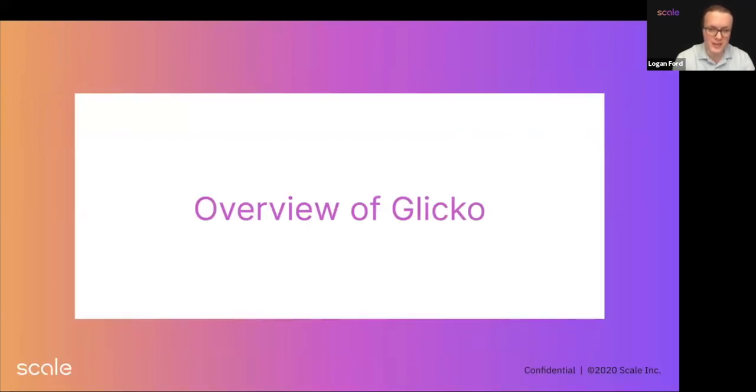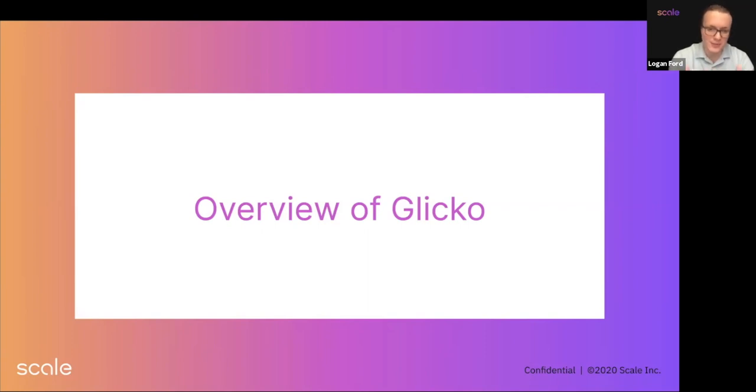Okay, so now we'll take a pause on benchmark evaluation for a second, and we'll jump into Glicko, which is a public domain game rating system that we'll be digging into in detail here. It can be used by just about anyone.